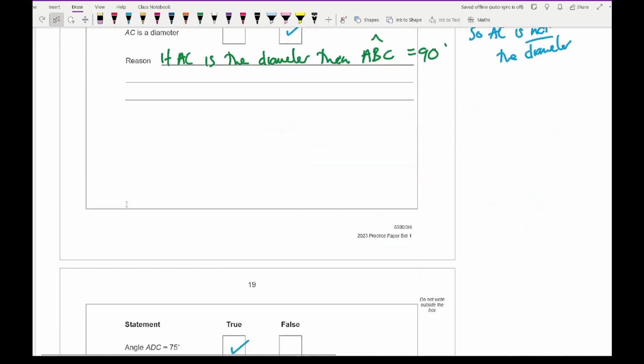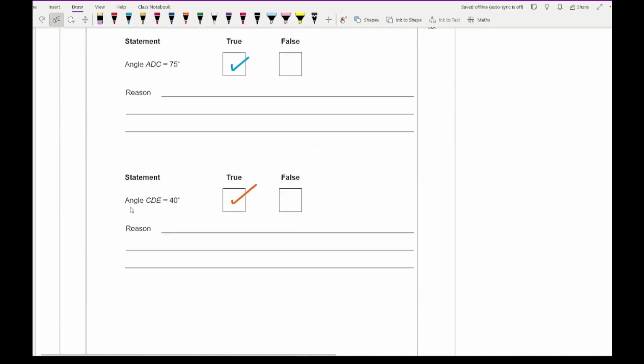So for C, it is 40 degrees, and again the reason for that is because of the alternate segment theorem.